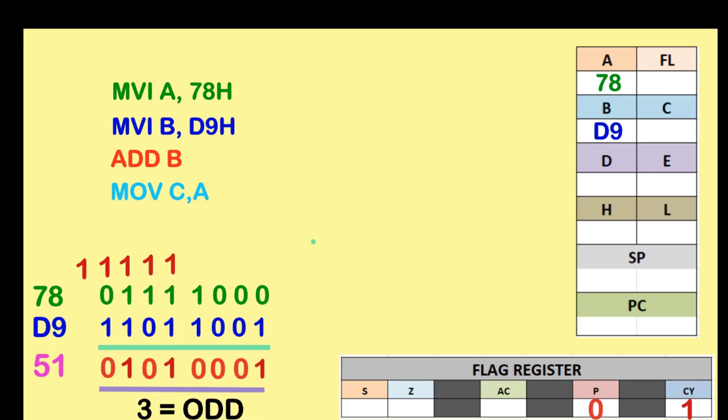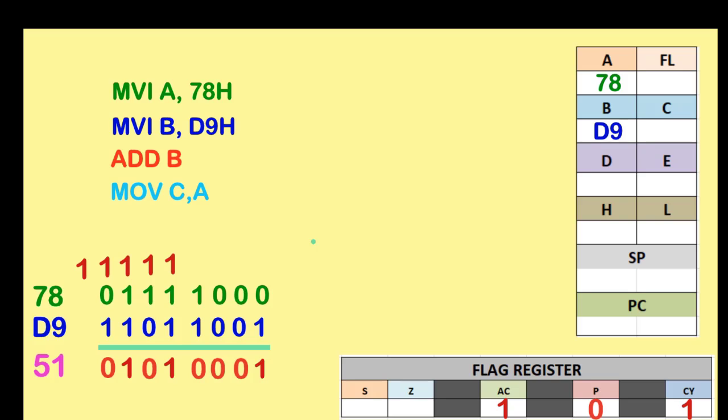Then what about the auxiliary carry? Auxiliary carry is set if, numbering these bits from the right side as D0, D1, D2, D3, a carry is passed from D3 to D4. In this case we get an auxiliary carry which is set because of this particular bit.